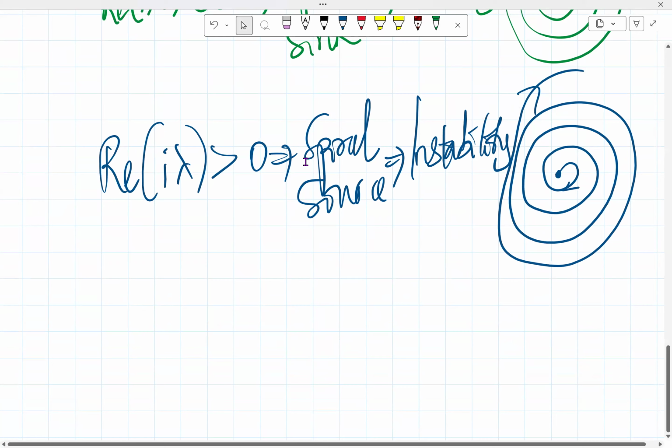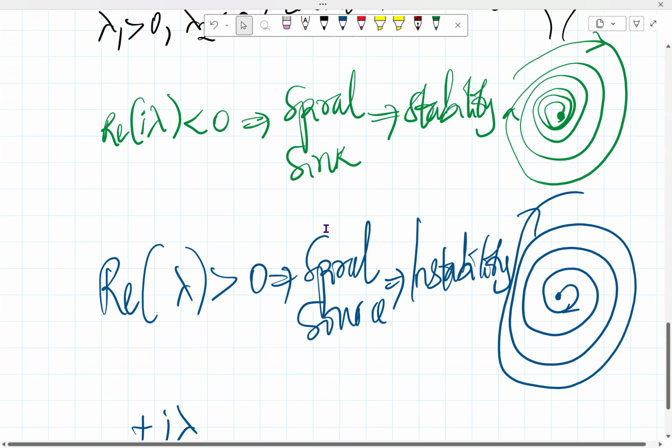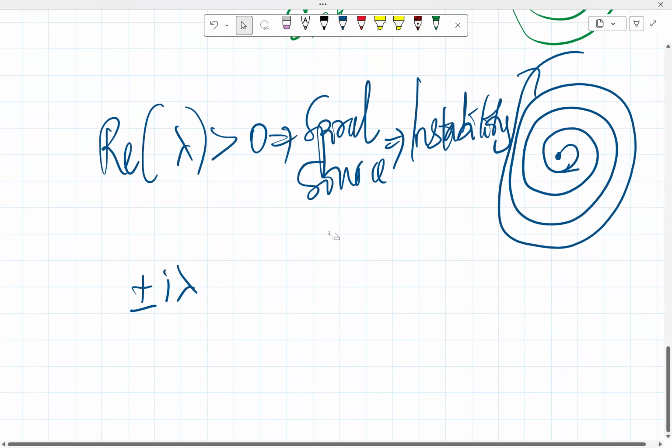Of course, another thing you can have is just plus or minus whatever the eigenvalue is. So if it's all complex, then it means you have a cycle.